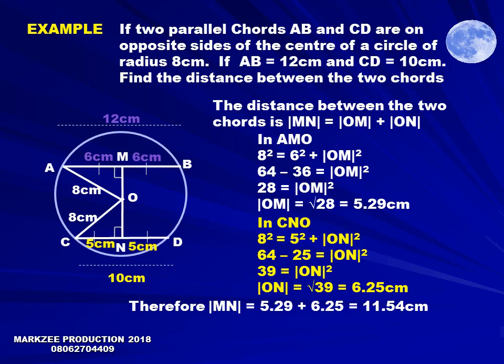So we use triangle CNO to find the distance ON. Again, we use Pythagoras theorem. The square of the hypotenuse, which is 8, equals the sum of the squares of the other two sides. That will give us ON as 6.25 centimeters. Therefore, the distance between the two chords is now 5.29 plus 6.25, which is 11.24 centimeters.